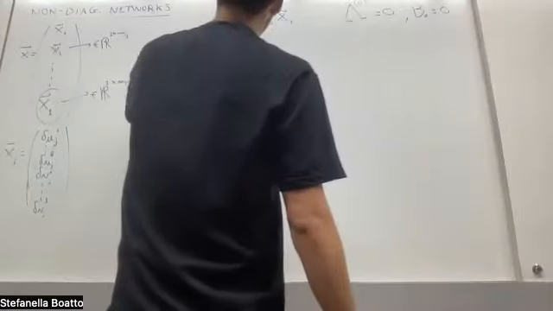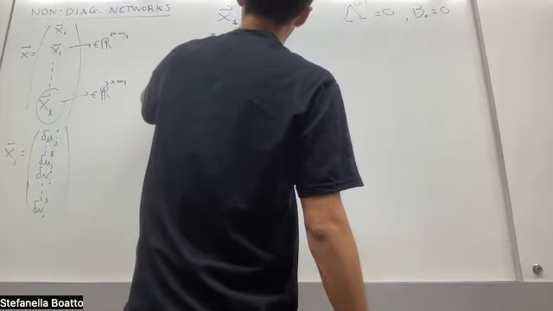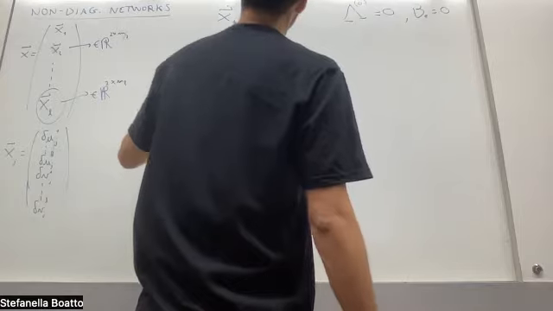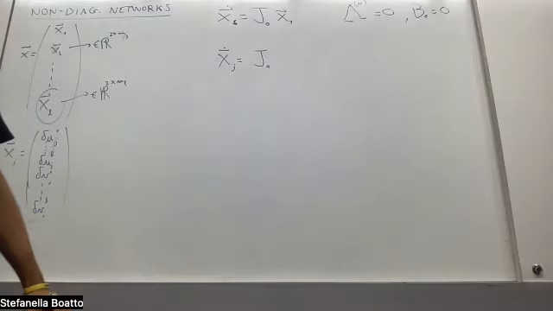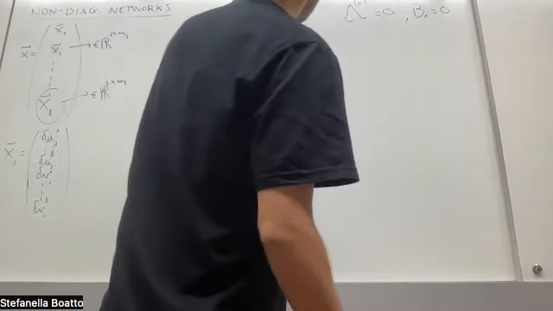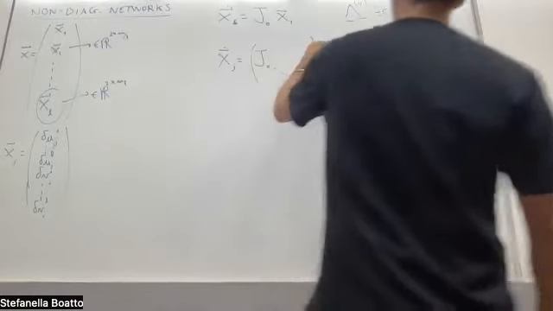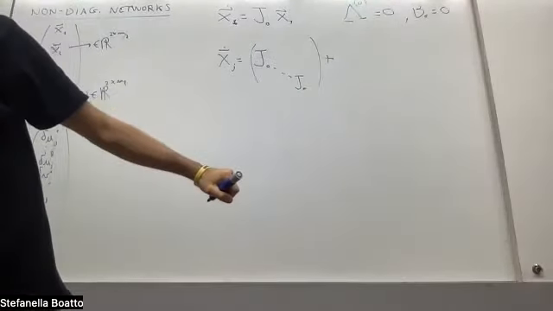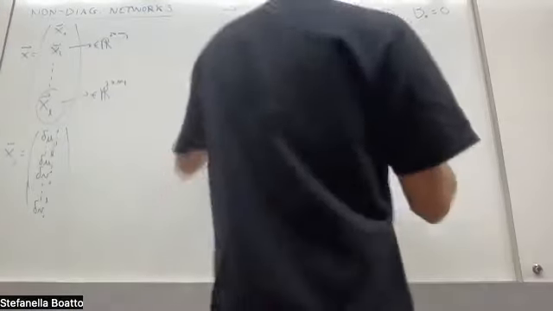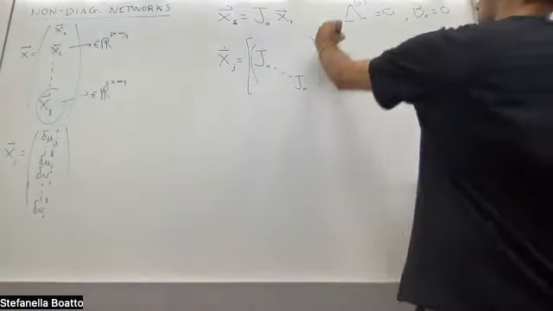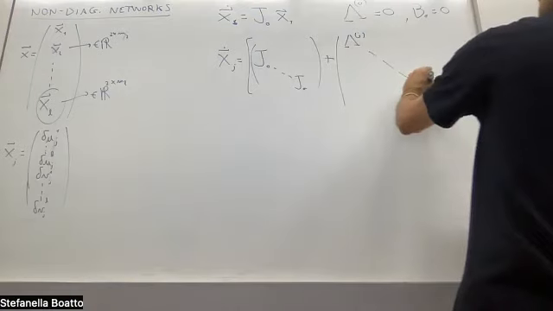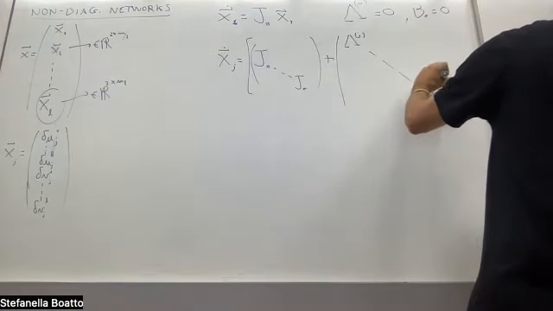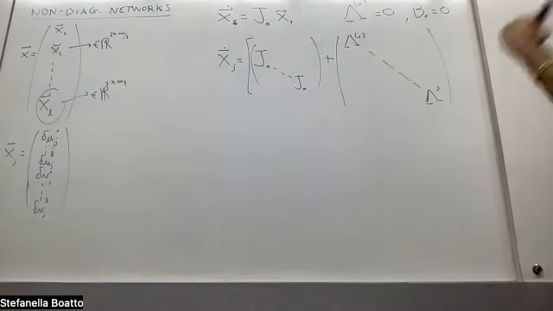But then all the others, generic j, we have the matrix with all the j0s plus the block bj, so lambda j, but that was multiplied by the diffusion coefficients.